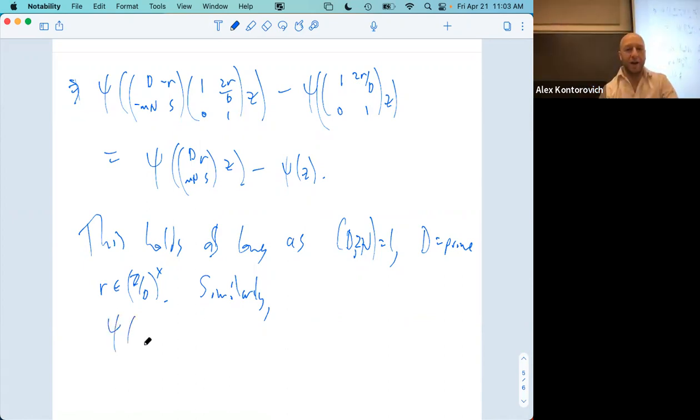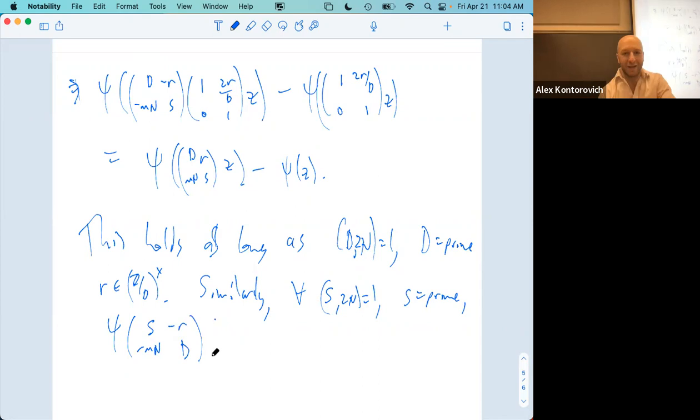So psi of, I'm going to replace S and D. For all S co-prime to 2N, S prime, I have S here minus R minus MN D, which has not changed the fact that this has determinant 1.